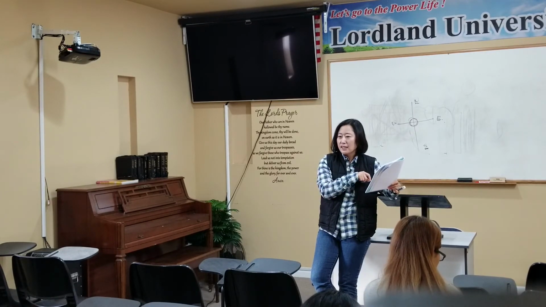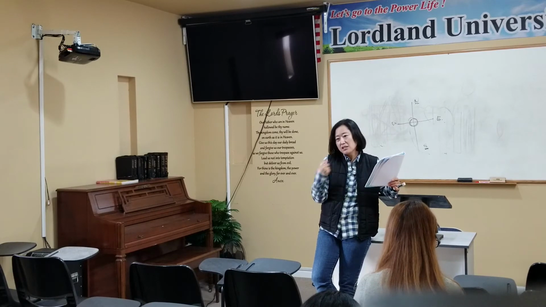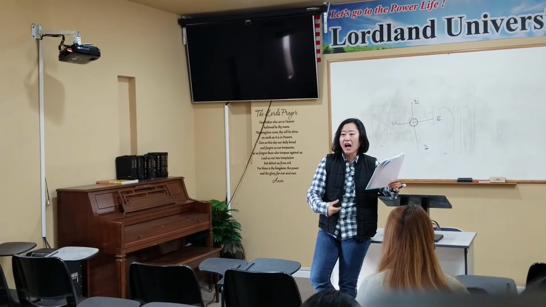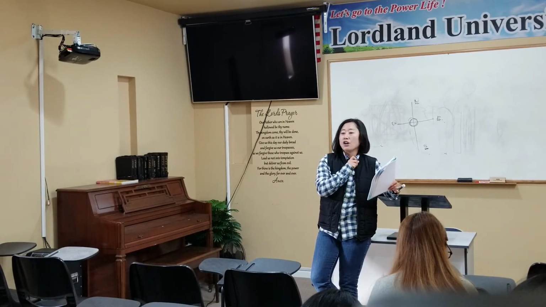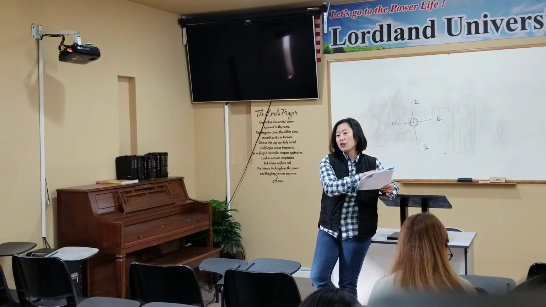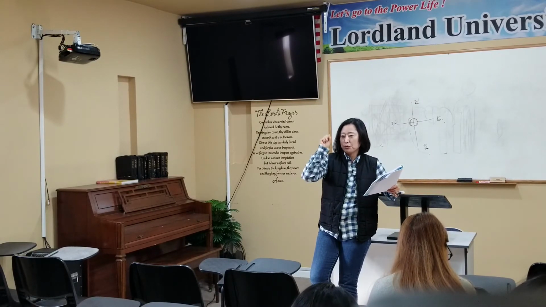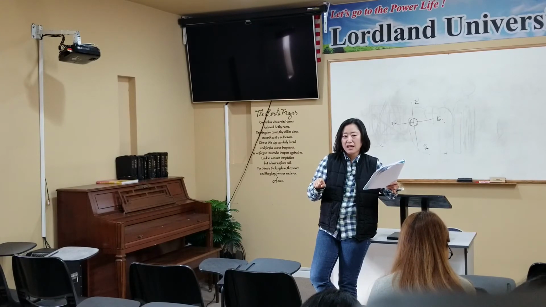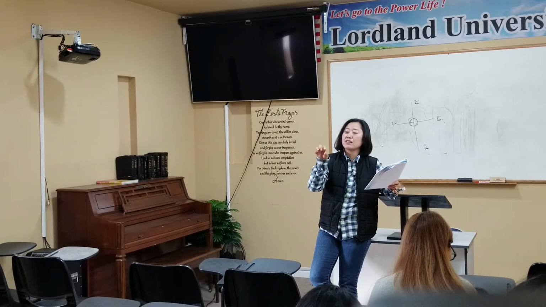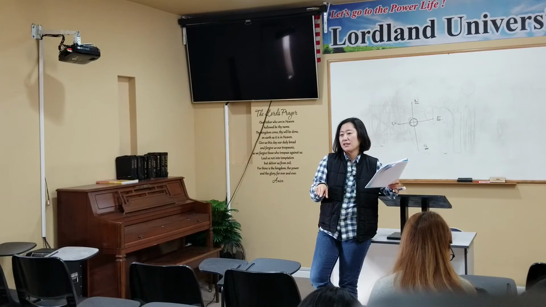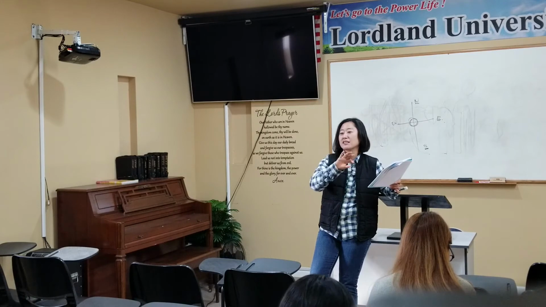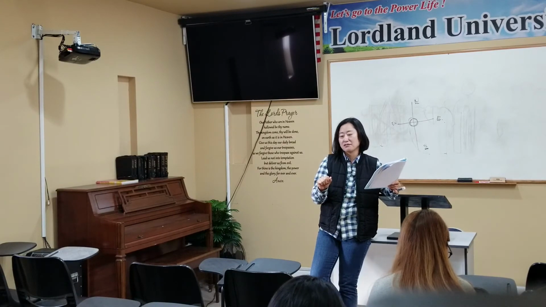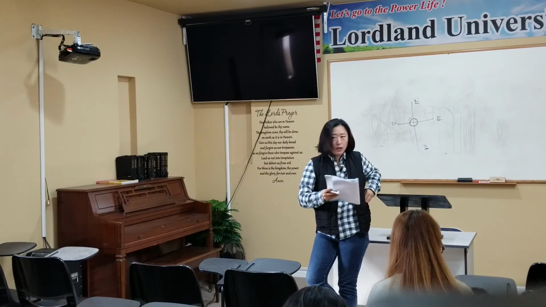And west is cool, east is warm, south is hot, and the center is middle, right? So we use all of that in tea. Cool and warm, we use the center, because the center connects things. Make sense? Right. Okay.